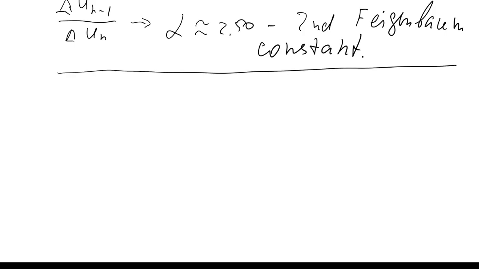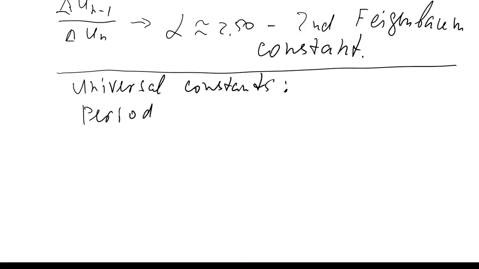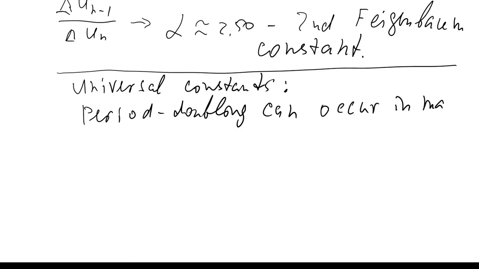Okay, so we have two Feigenbaum constants, and they are called universal constants. Why are they called universal? In many maps, a period doubling cascade can occur.